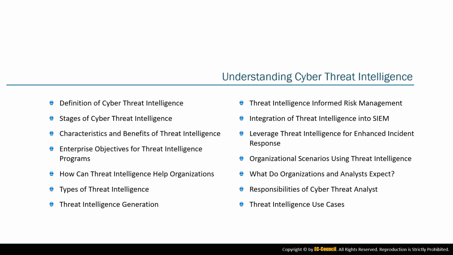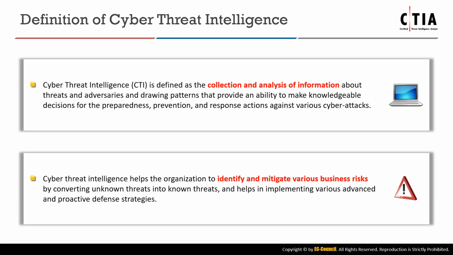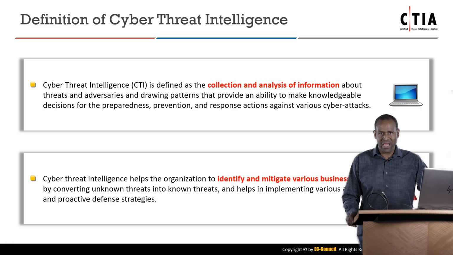Let's start with a definition of cyber threat intelligence. CTI, or cyber threat intelligence, what is it? It's the collection and analysis of information. All right, there are two major things here. Collection. So we're going to use tools and means to analyze, it's a second thing we said here, information.